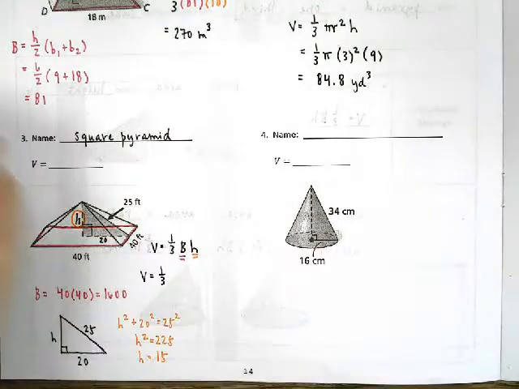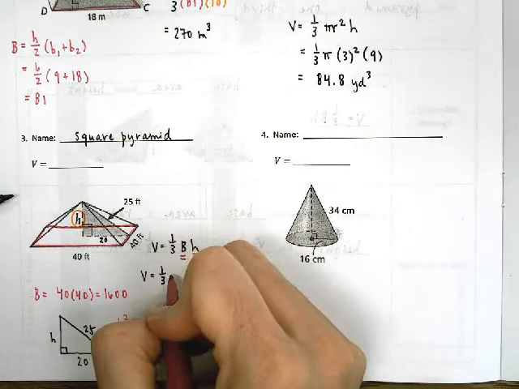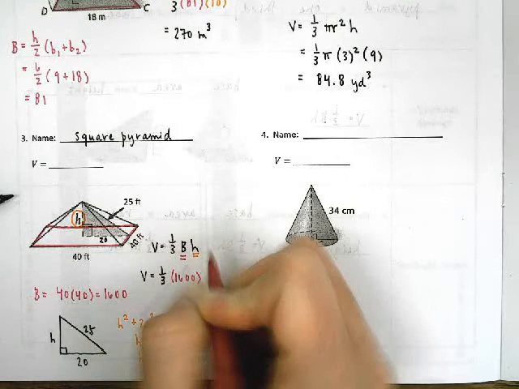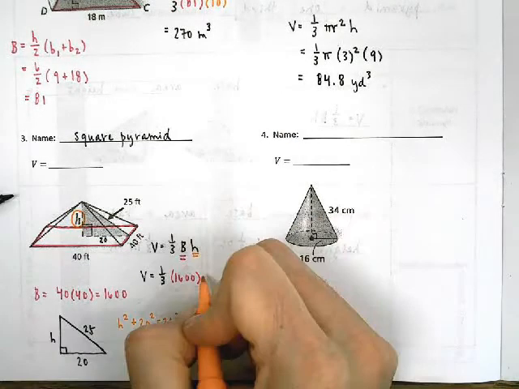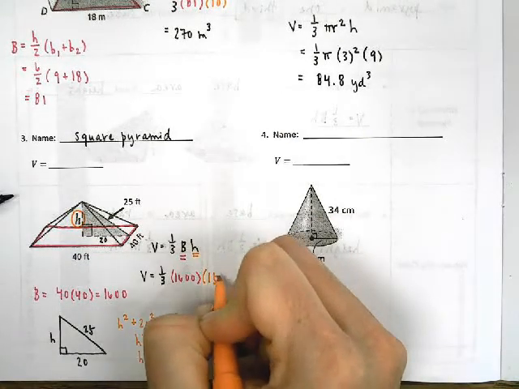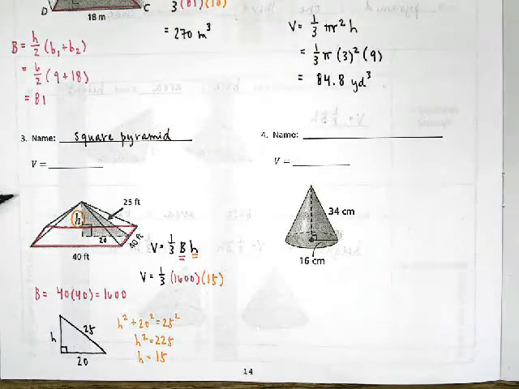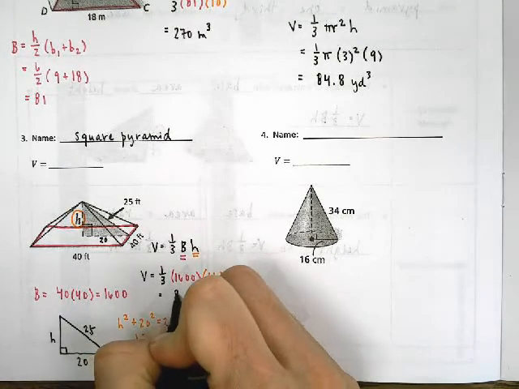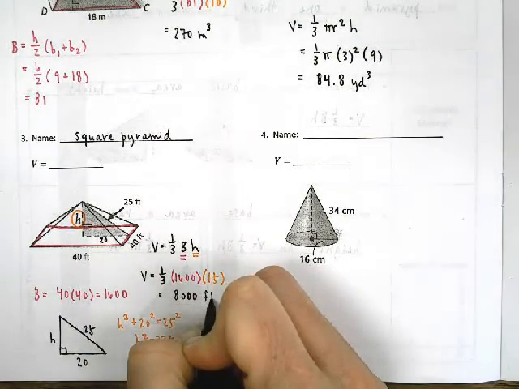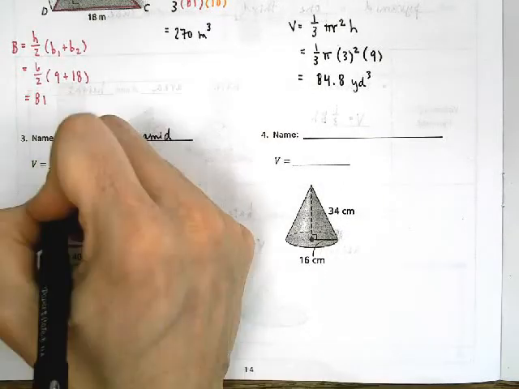So volume is 1/3. We said the area of our base was 1600, and the height of the pyramid was 15. So now just multiplying that out, I get a volume of 8,000 cubic feet.